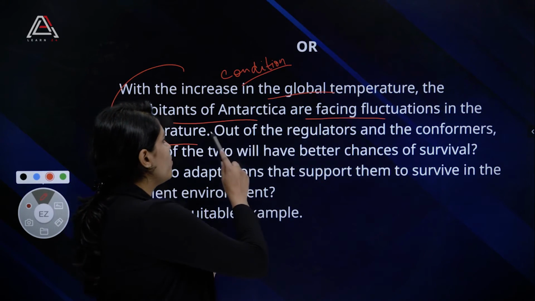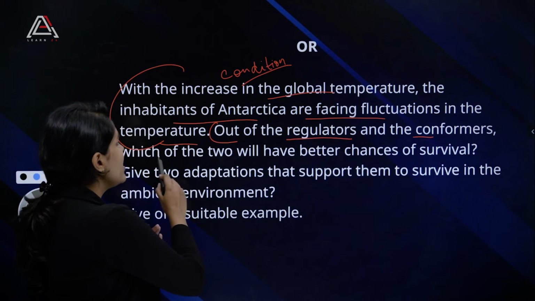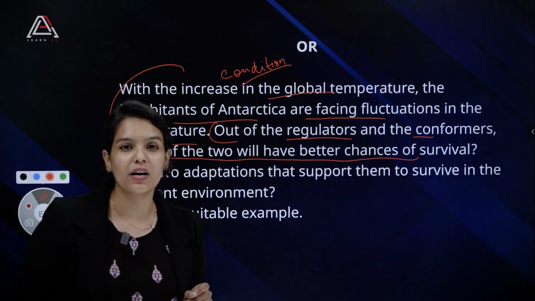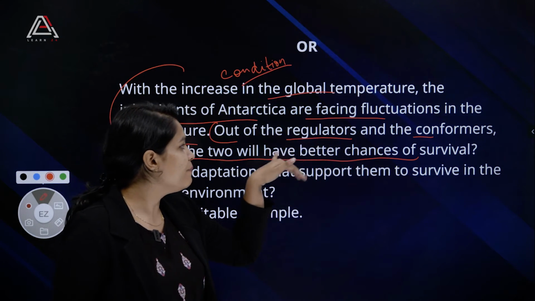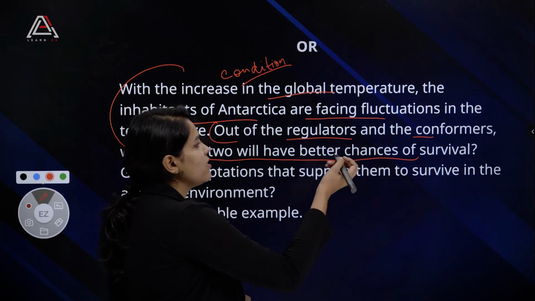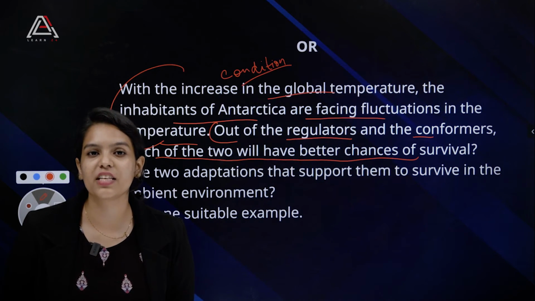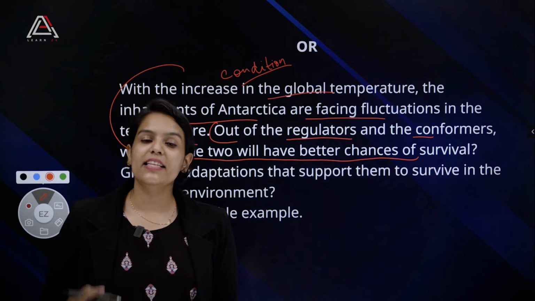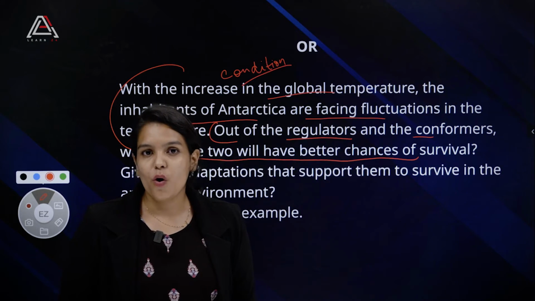Obvious. Okay, the question here is, out of regulators and conformers, which of the two will have better chances of survival? This question is definitely from the chapter Organisms and Populations, right, where they are talking about regulators and conformers. What are regulators? Regulators have the ability to regulate their body temperature. That means they can regulate their temperature wherever, whenever they want.